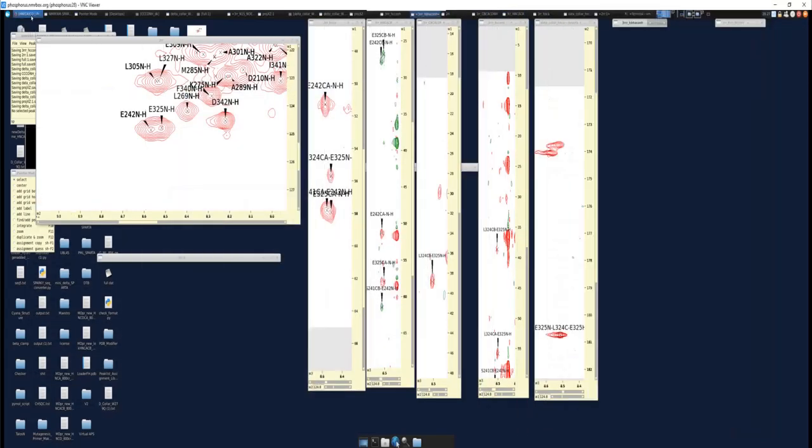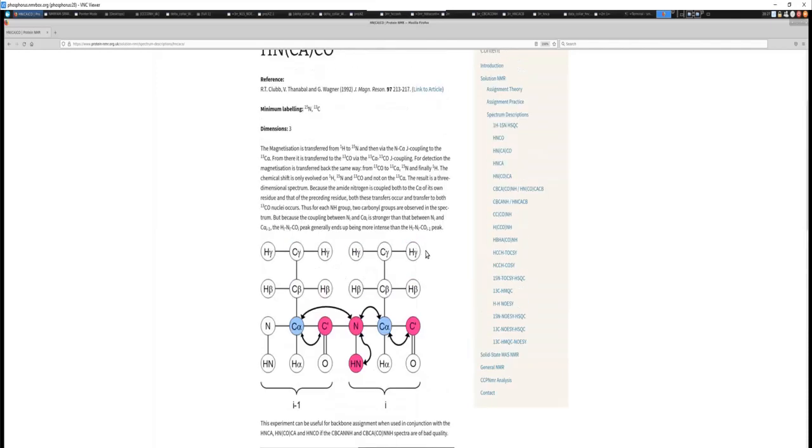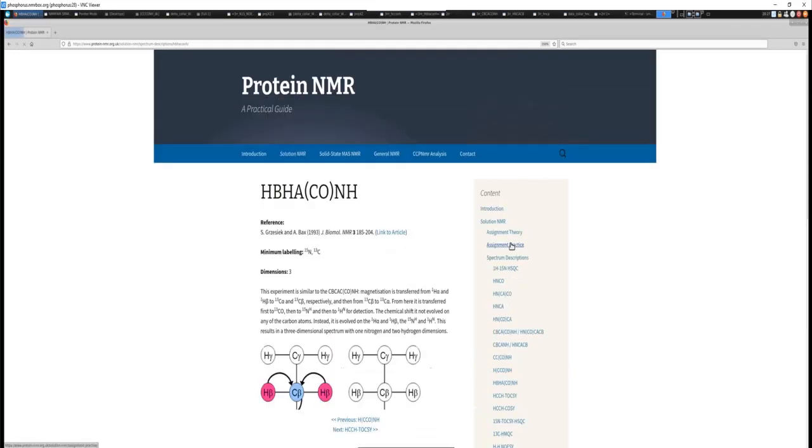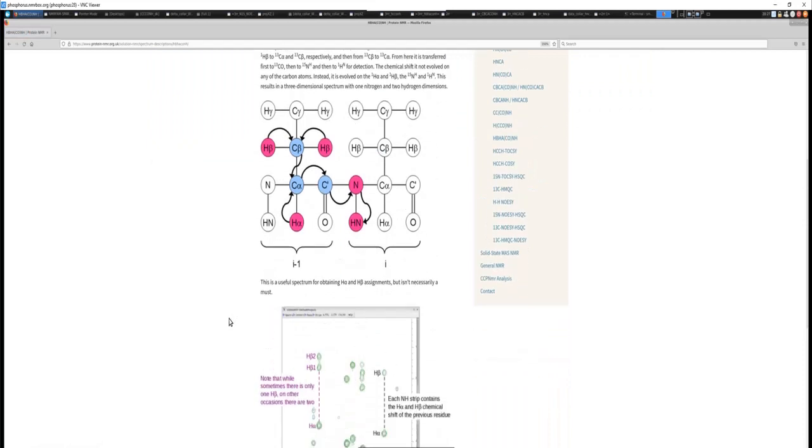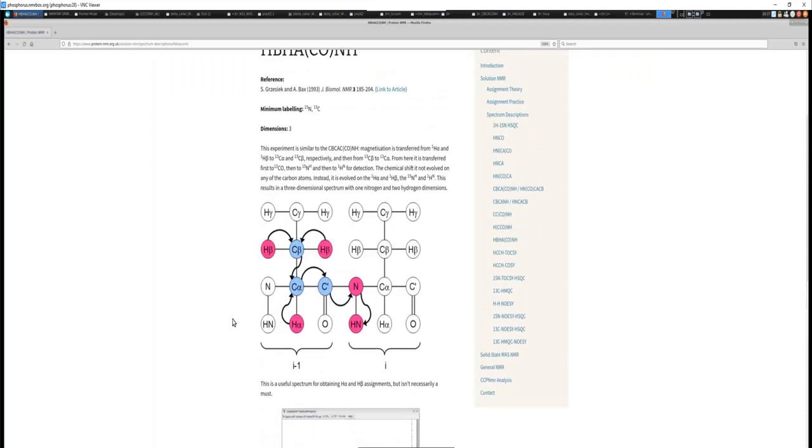And the experiment that shows you the hydrogen values, I don't know if they have it here actually. Right here is the HbHACONH. So this experiment exclusively shows the I-1 H alpha and H beta.